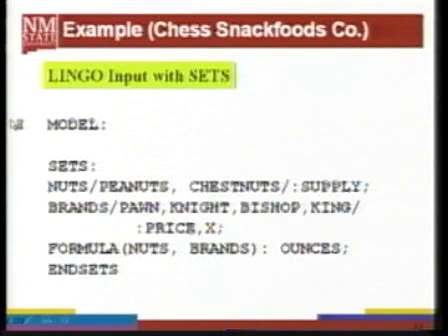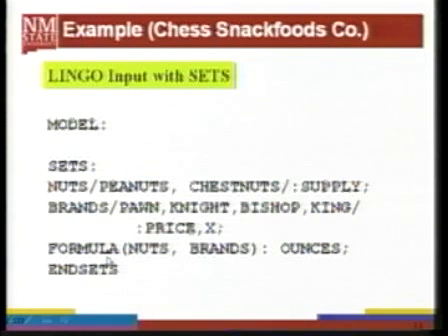However, we need one more set in order to input the brands' formulas. So we need a two-dimensional table defined on the nut types and the brands. To do that, we need to generate a derived set from the cross of the nuts and brand sets. Here, we have titled the derived set formula, right?